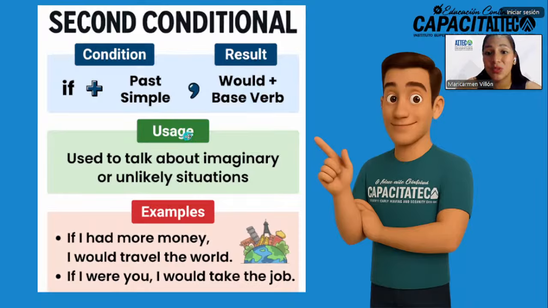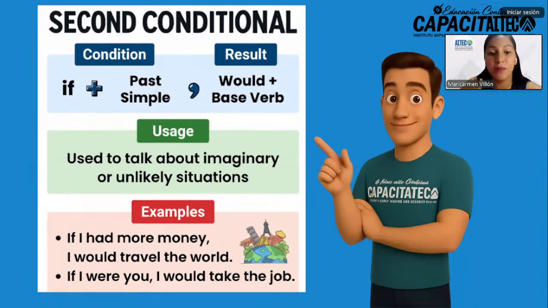Fíjense para qué es el uso de esta segunda condicional. Used to talk about imaginary or unlikely situations. Entonces, esta es para cosas imaginarias, situaciones no reales. Por lo general es muy imaginario. Okay. All right. So examples.